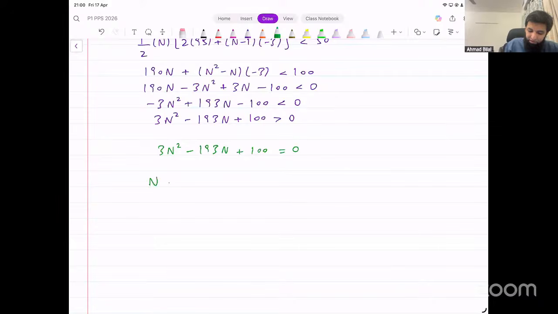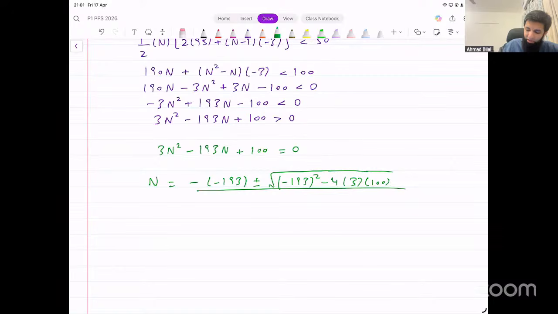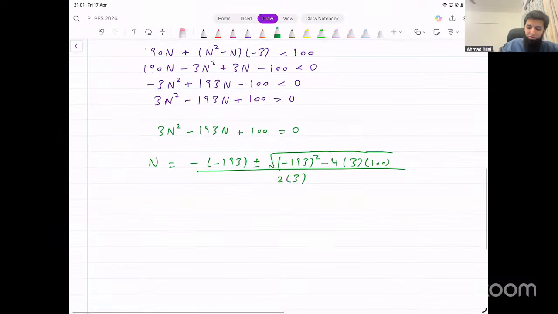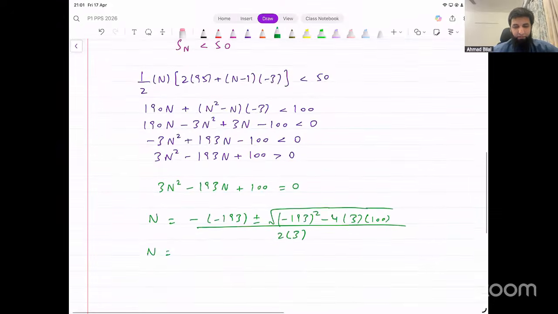We cannot do factorization. n equals minus minus 193 plus or minus the square root of minus 193 whole squared minus 4 into 3 into 100, whole divided by 2 times 3. This step is necessary. If you don't show the step, you lose marks. Put this whole thing on your calculator directly in the equation solving function and see what you get from that.